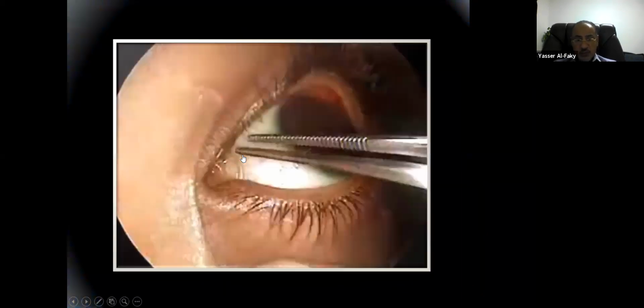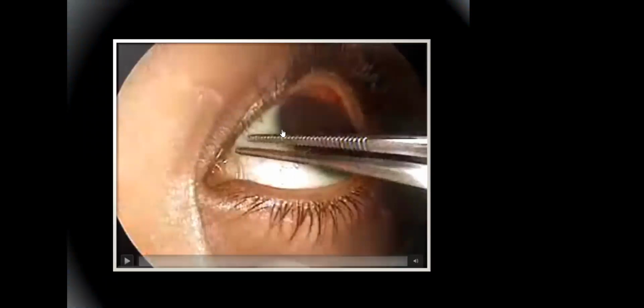This is a punctal phimosis. How to remove the stent? In pediatrics, usually we do it under sedation, because unless the patient is cooperative. We should pull it from the superior punctum until we see the knot, and then we cut below the knot and pull it from one side. Okay, very good.